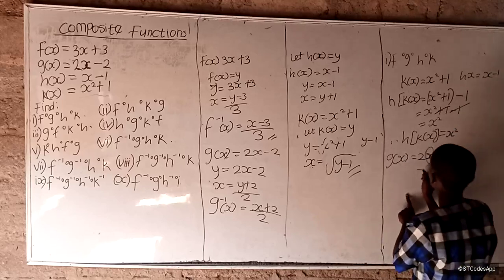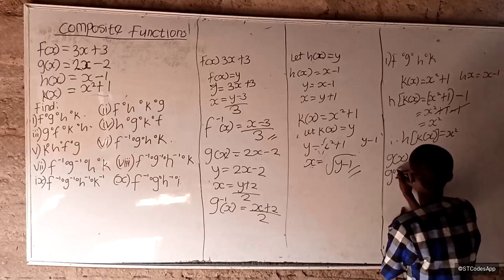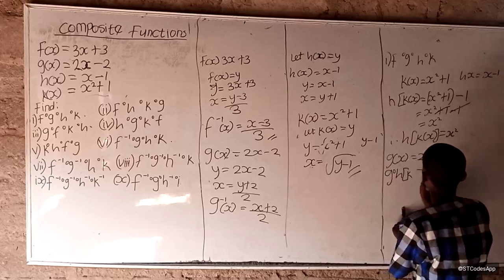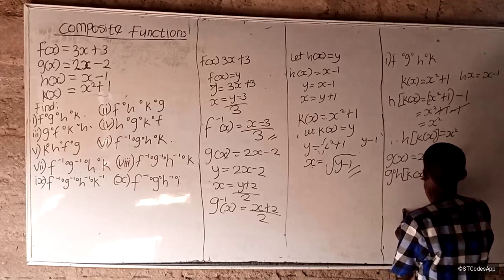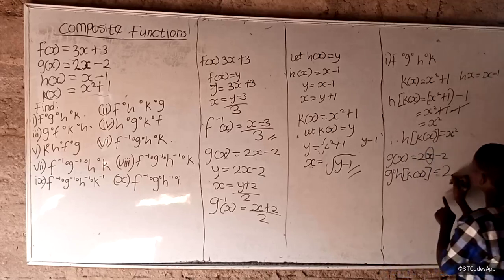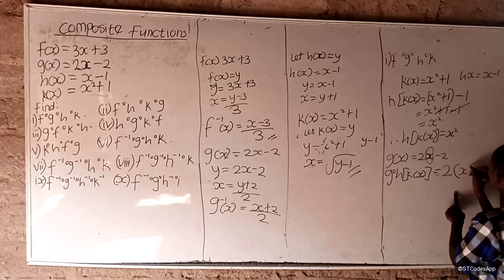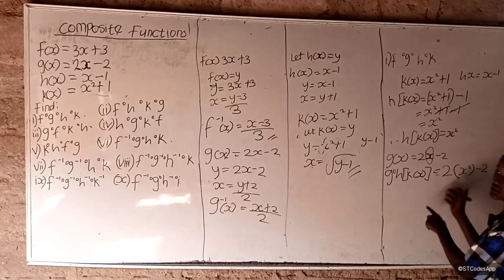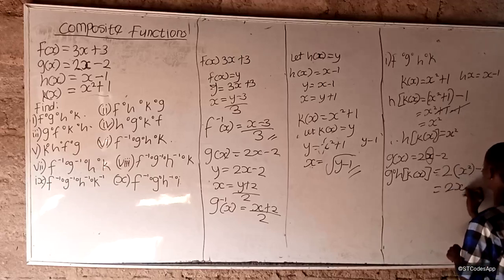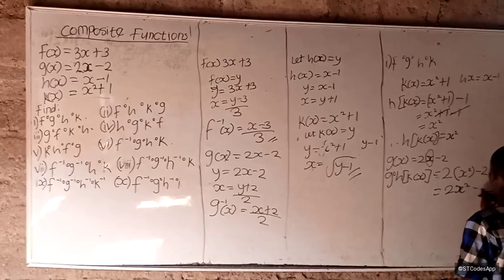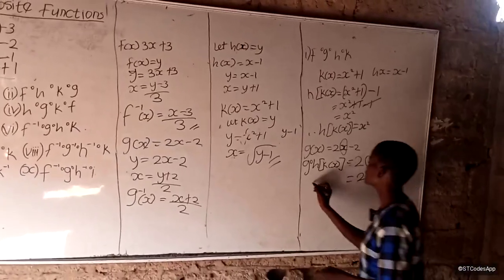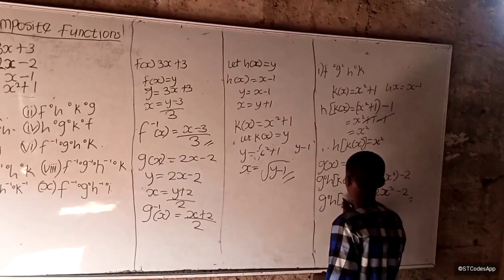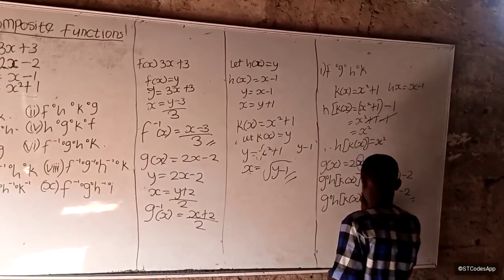So we have g of h of k of x to be 2 into bracket x squared, minus 2. Doing the math, we have 2x squared minus 2. And this will be our value for the g of h of k of x.